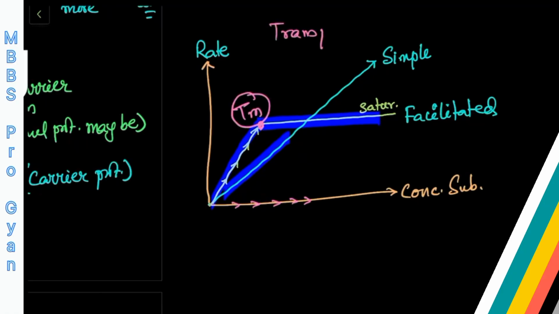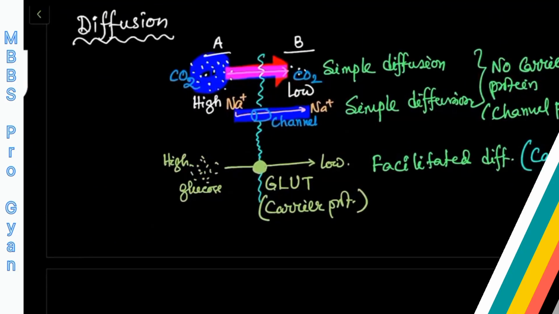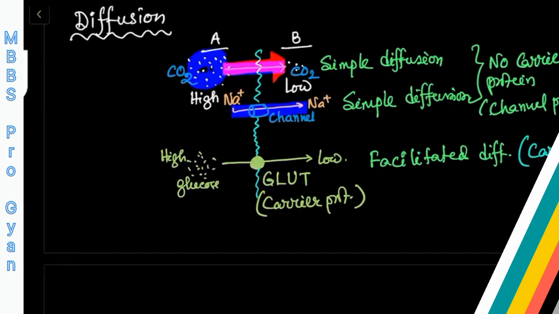That is the maximum rate of transport that can be done by a particular type of carrier protein. This transport maximum will be discussed in detail in renal physiology, whenever we discuss glucose transport. So remember the difference between simple and facilitated diffusion.